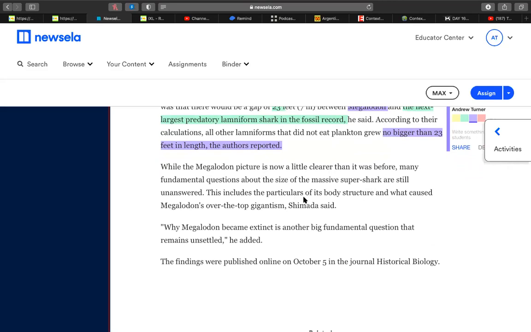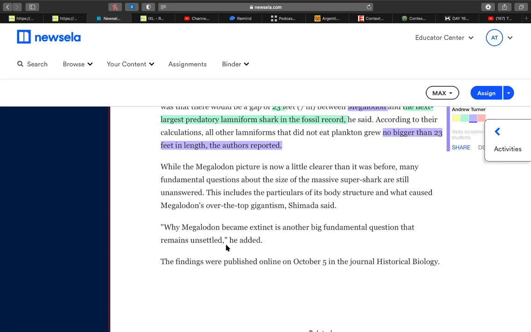This includes particulars about its body structure and what caused Megalodon's over-the-top gigantism, Shimada said. Why Megalodon became extinct is another big fundamental question that remains unsettled.